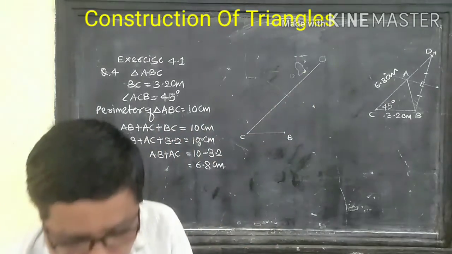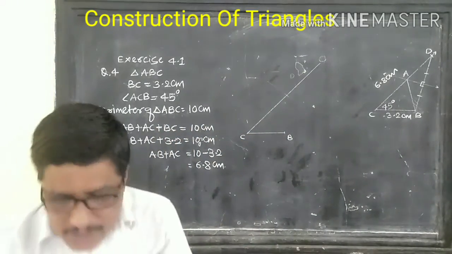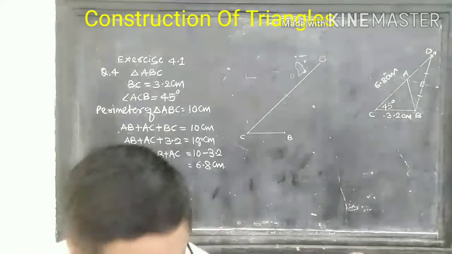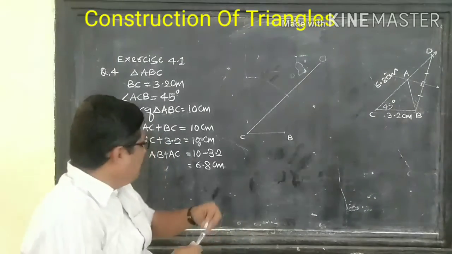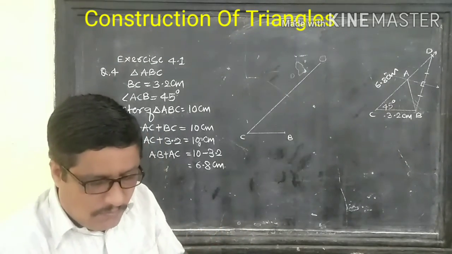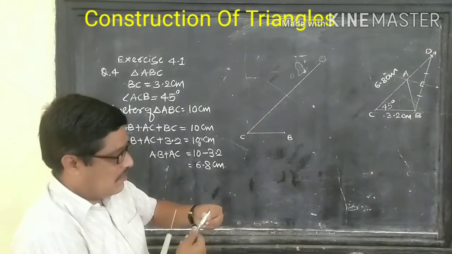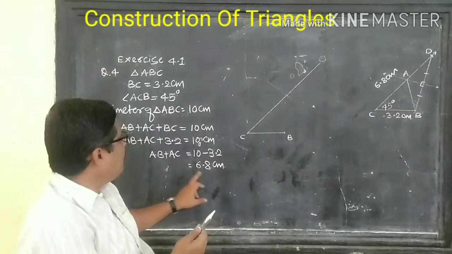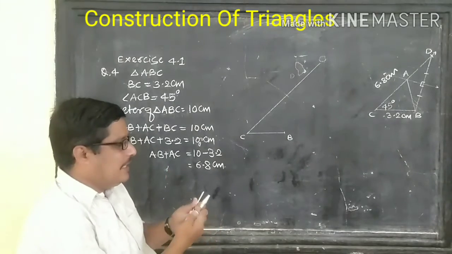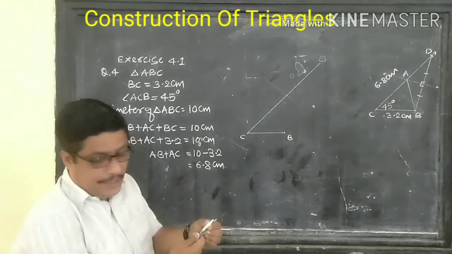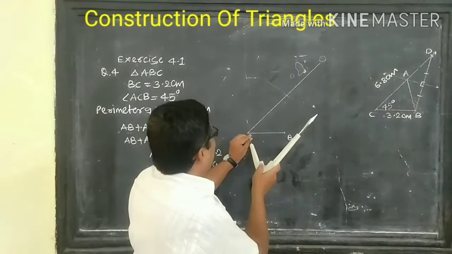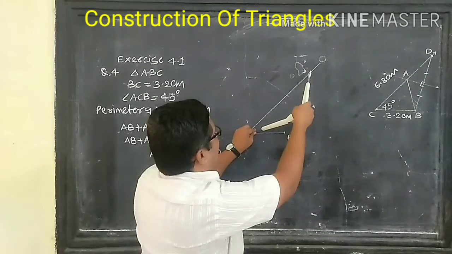Now after drawing a longer ray, then we have to take the sum of length of remaining two sides, that is 6.8, and we have to draw an arc here.